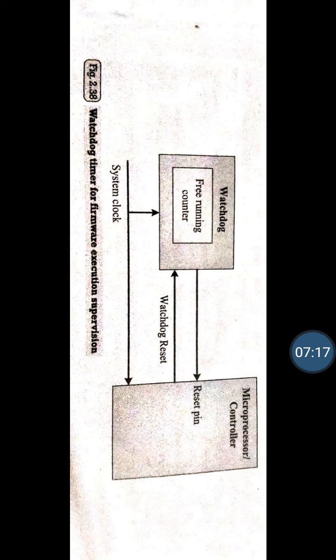But can it be done in any embedded system? If an embedded system hangs up, can it be done by using Ctrl Alt Delete? No. Then what is to be done? The answer is watchdog timer. The watchdog timer will be monitoring if the embedded system hangs. Hence, we need a watchdog timer.